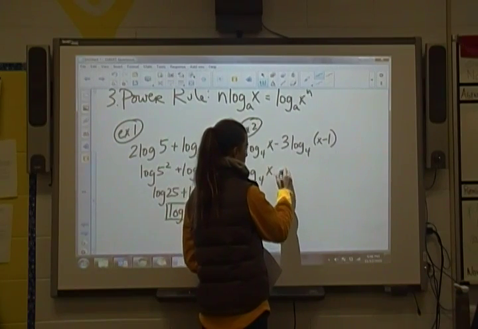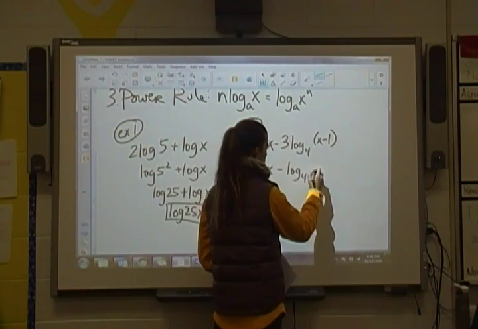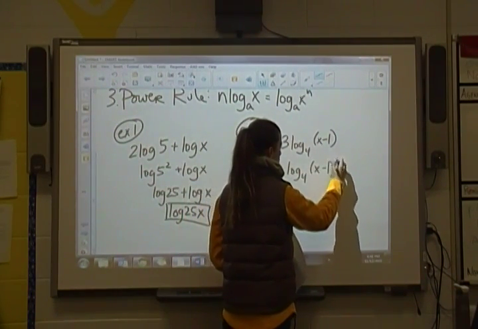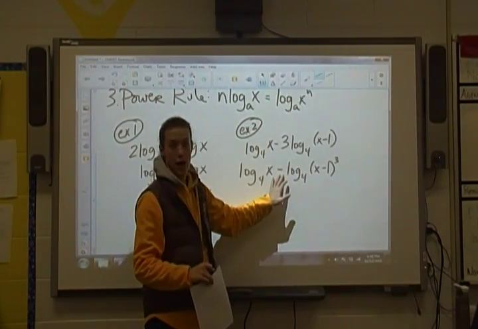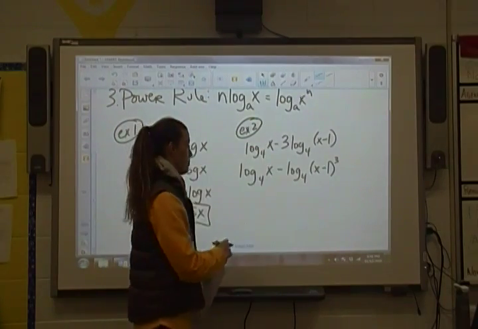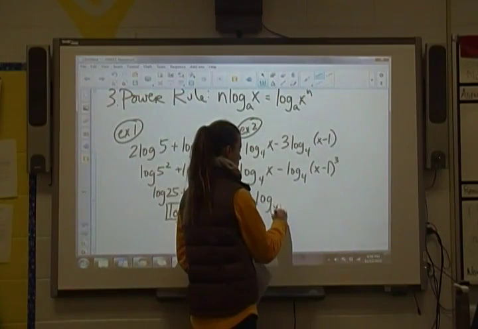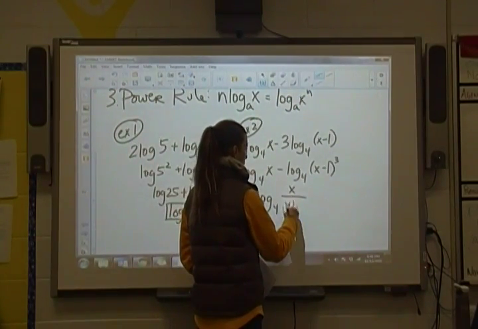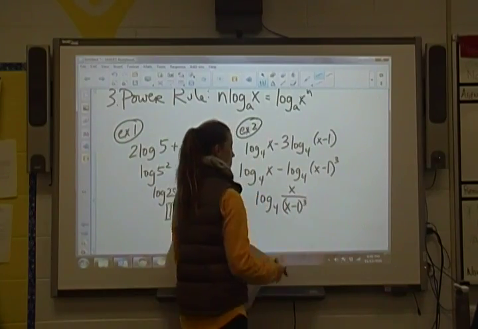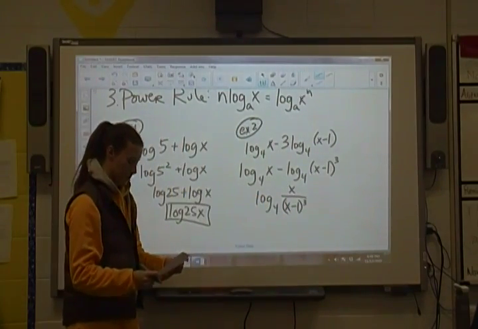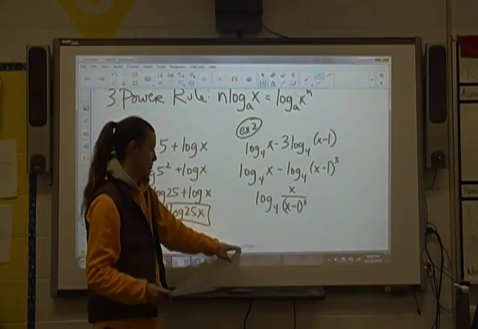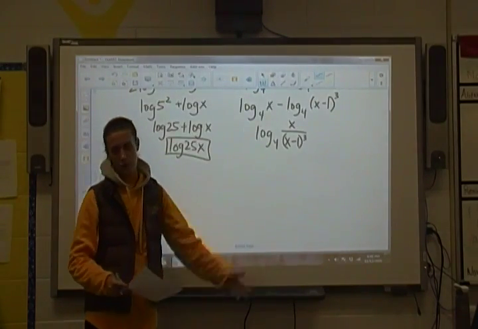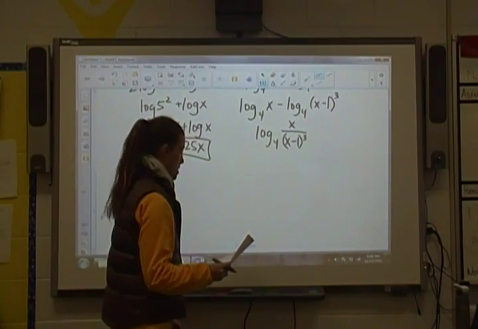Log base 4 of x minus log base 4 of (x minus 1) quantity cubed now. And then we'll combine these as, since this is subtraction, it'll become division. So log base 4 of x over (x minus 1) quantity cubed. Now I could multiply this out, but you could if you wanted to keep going. Nothing's going to simplify, so it's not necessary to keep doing that.